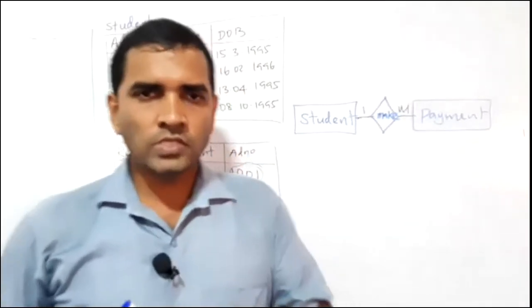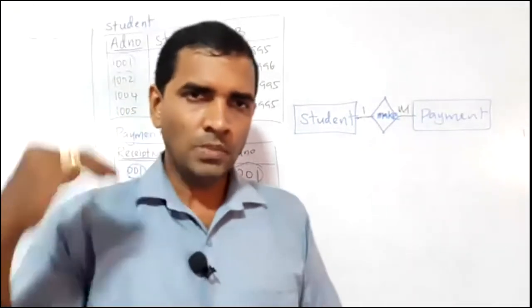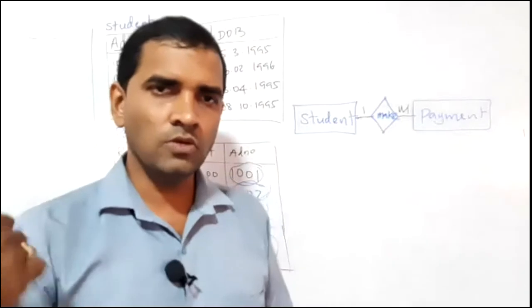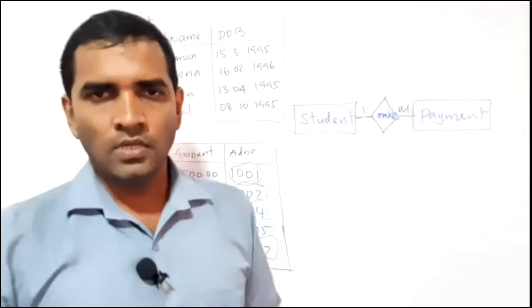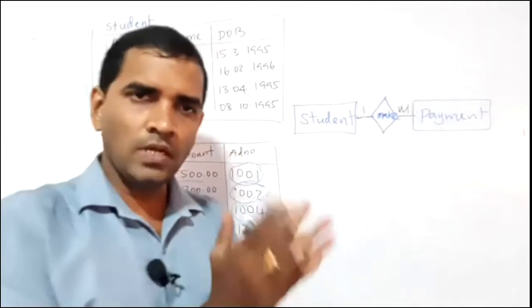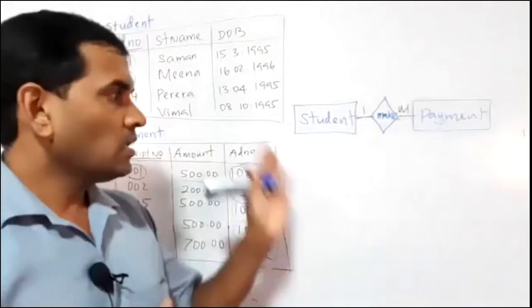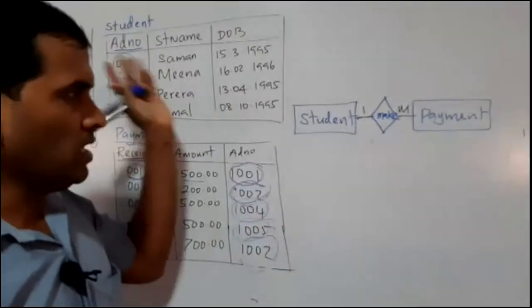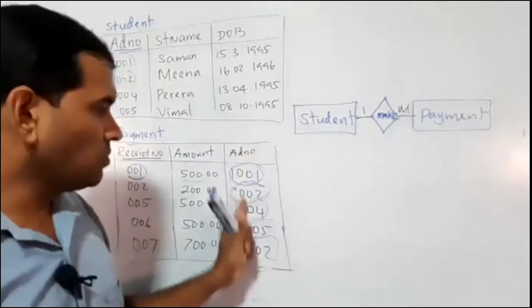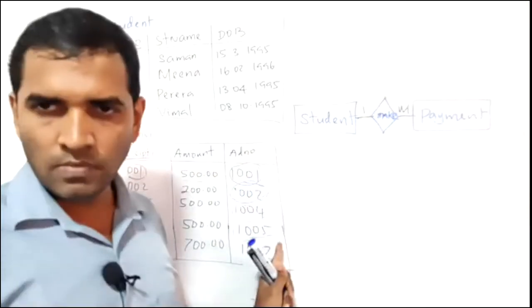Okay, so let's extract meaningful sentences in order to describe one-to-many. According to my previous description, a data in the first table, or student table, has many data in payment table.